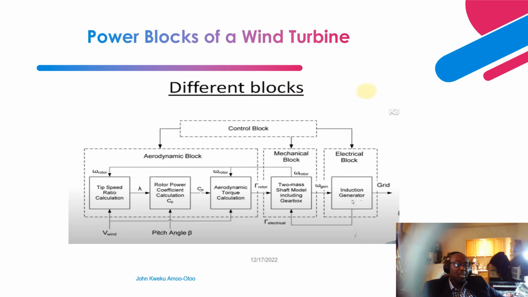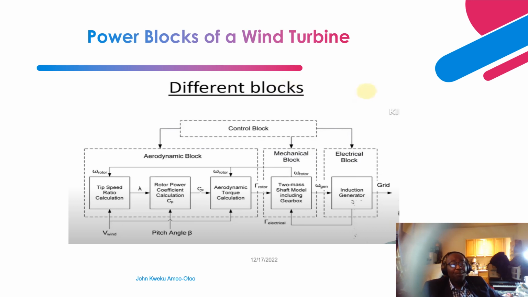There is a tip speed ratio calculation, which is the ratio of the angular rotation of the rotor times the radius of the rotor, that is ωR, over the wind speed.